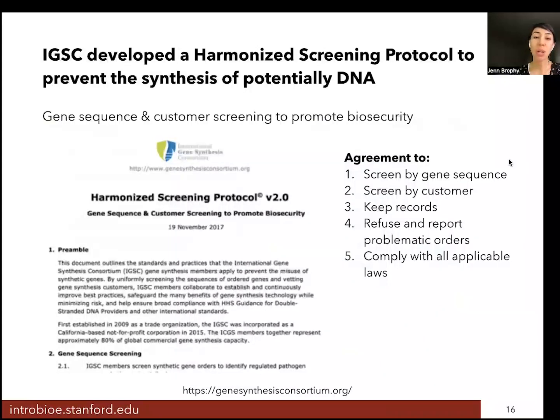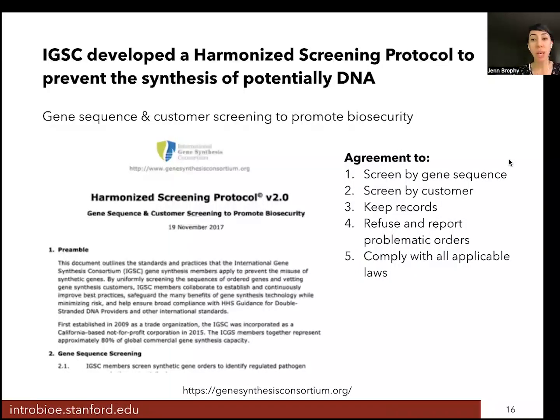This harmonized screening protocol is essentially an agreement that all of these companies have signed on to. And they are agreeing to screen the DNA that people are requesting to have synthesized by sequence. They're basically looking to see, are you trying to synthesize part of a known pathogen?